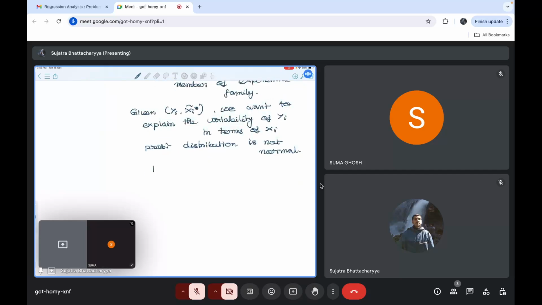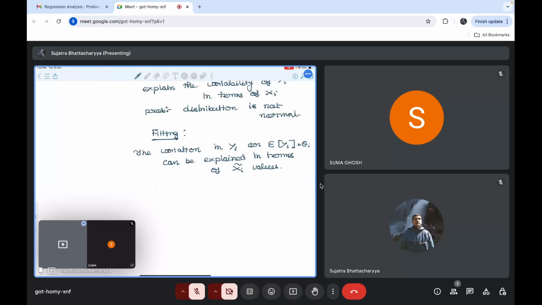For the fitting, as I have already shown, the variation in yi or expectation of yi, which is nothing but the theta i (which we have seen in the normal distribution as the mu, the parameter of interest), can be explained in terms of this xi vector value.